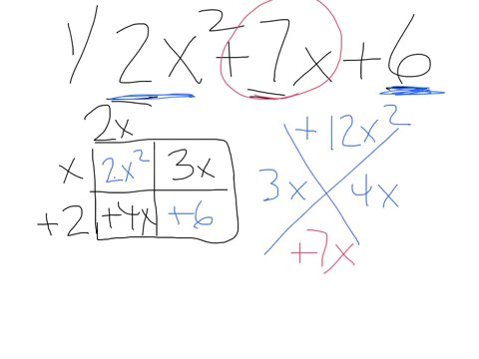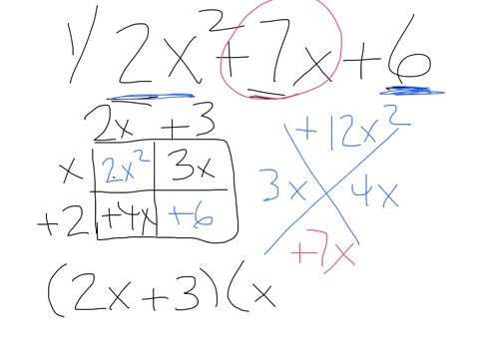And then the other one is plus 3, because 3 times 2 is 6. So there are my factors: 2x plus 3 and x plus 2. That was number 1.